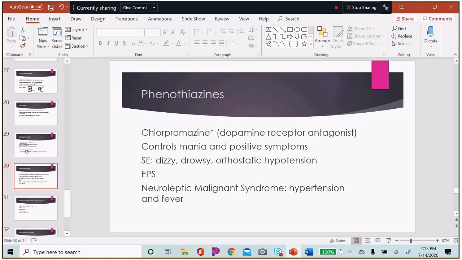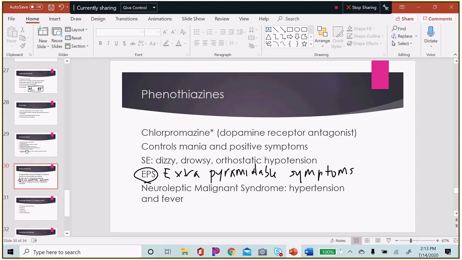So you can tell already that anyone who takes a medication that actually blocks dopamine might have Parkinson's-like symptoms, which is what this means. It actually stands for something called extrapyramidal symptoms, but essentially is Parkinson's-like because we're blocking dopamine.